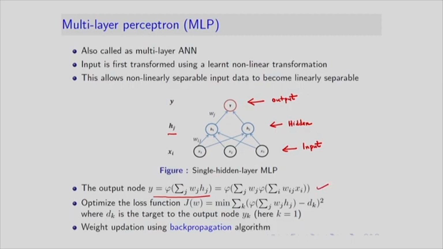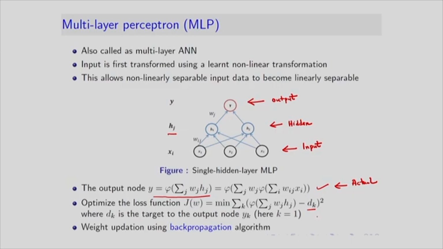Now I have to optimize the loss function J(w). That is nothing but the minimum, and we are considering the difference between the actual output and the desired output. So dk is the desired output. So that is the loss function we are considering. By considering this equation, we can determine the actual output, and we are considering the desired output, that is dk.